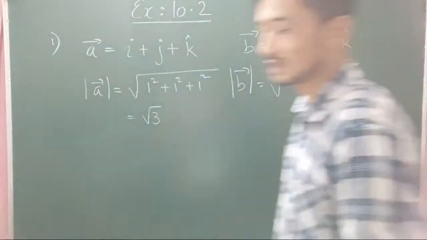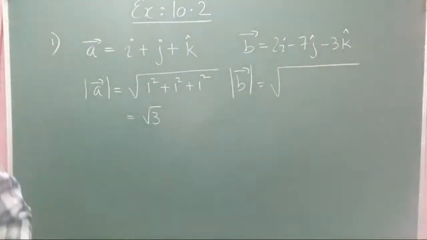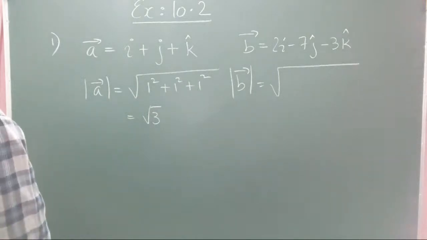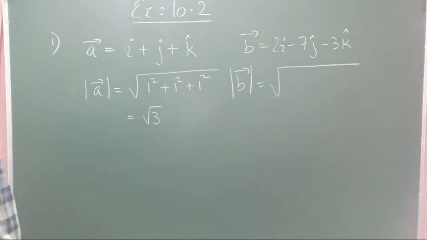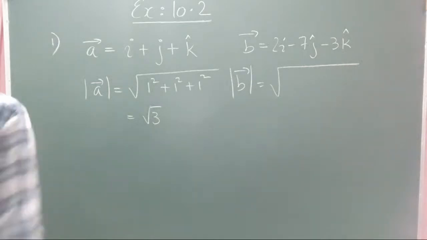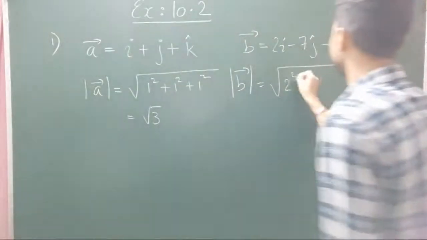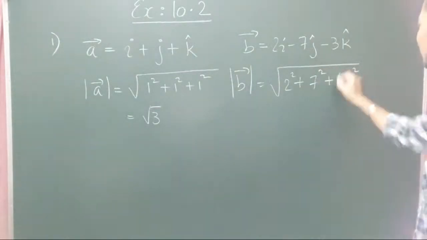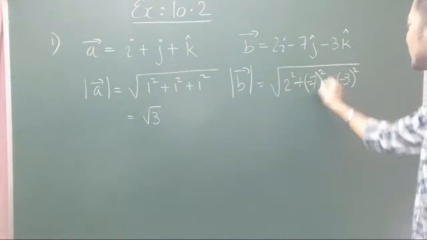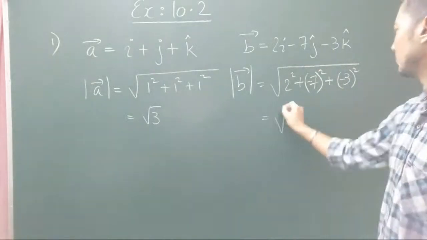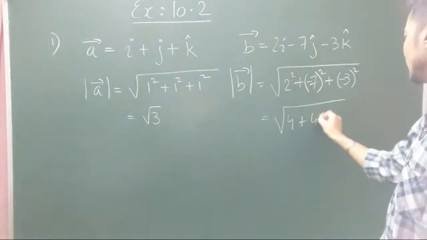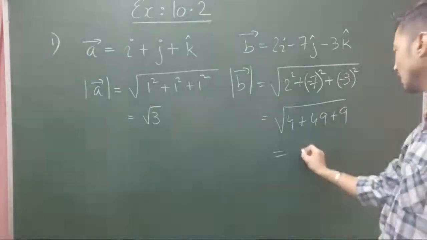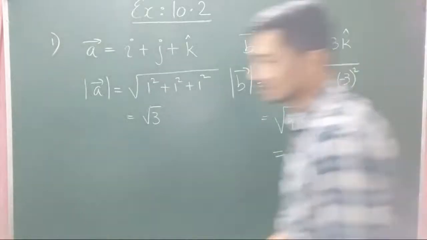Don't be bothered with the negative values, it's the sum of the squares only. So that will be 2 square plus 7 square plus 3 square. You can ignore the negative values, or if you wish, you can write minus 3 square. So chalo, fine, no problem. That would be 4 plus 49 plus 9, which is 62. Root over 62.